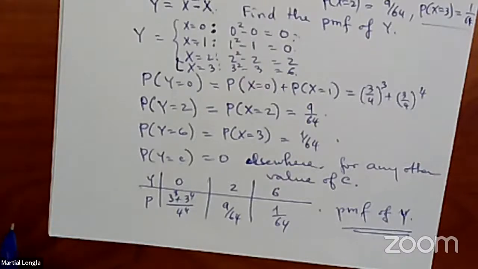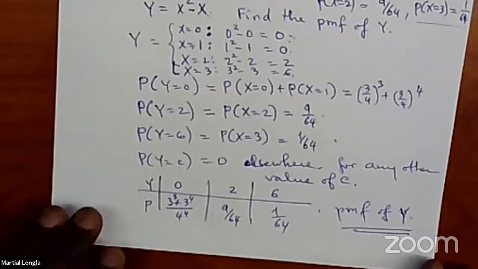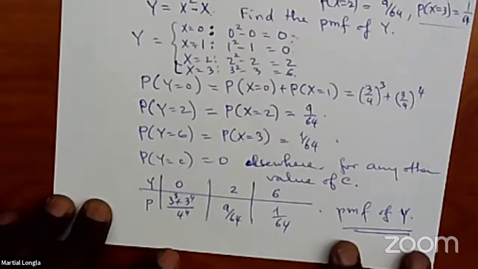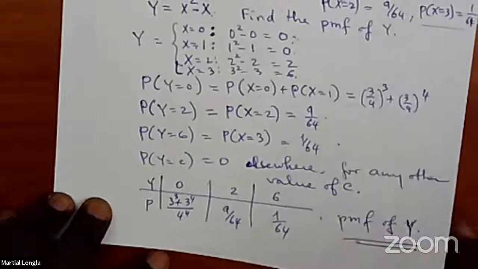That's the case when the variable is discrete. But when the variable is continuous, sometimes it becomes complicated. Sometimes it's easier.